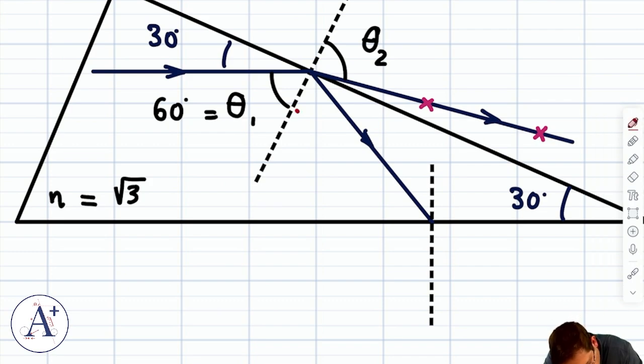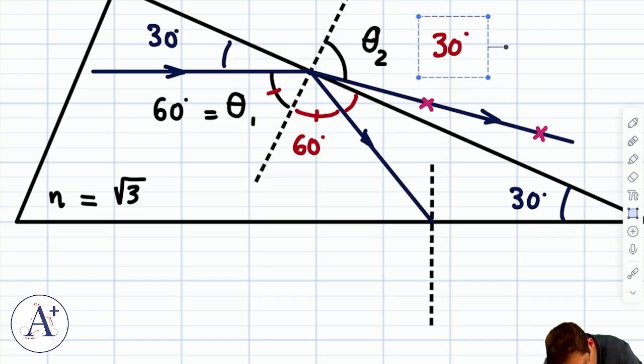Okay. By the law of reflection, this angle is this angle. So this is 60. Okay, so this means that this angle here is going to be 30. Okay, and the angle that I want is this angle here. We call that theta 3.